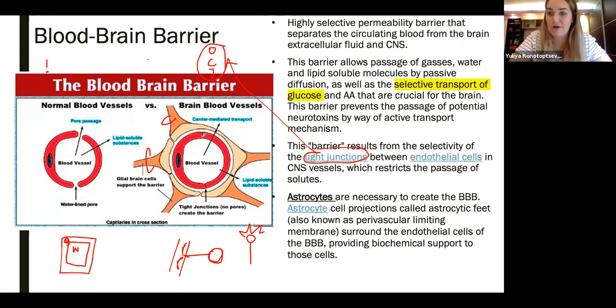That sentence is correct. The foot processes of the astrocytes are inducing the formation of a tight junction. You just have to remember what a tight junction consists of, and it consists of occludin, claudin, and JAM. So basically, without astrocytes, the two endothelial cells will not have a tight junction between each other.